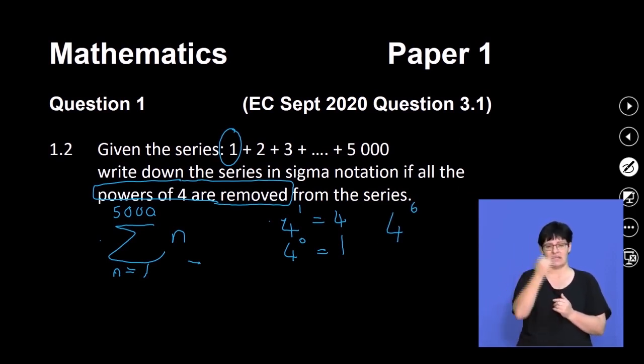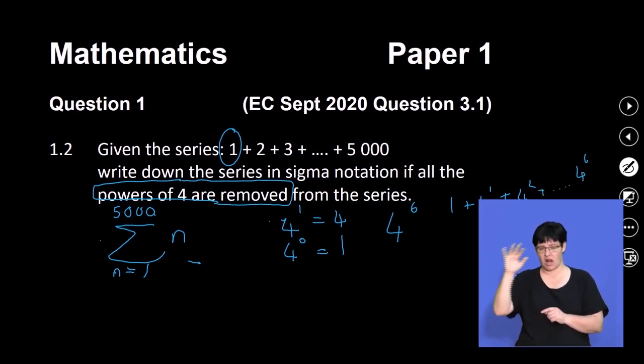Okay, so we can start getting an idea of how we can write the 1 plus the 4 to the power of 1 plus the 4 to the power of 2 plus, and that's going to go all the way to 4 to the power of 6.